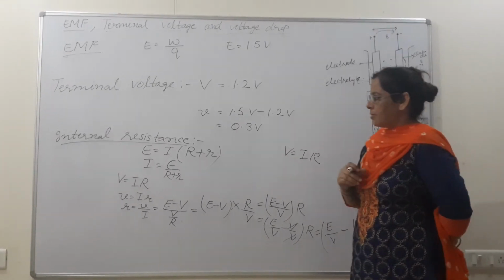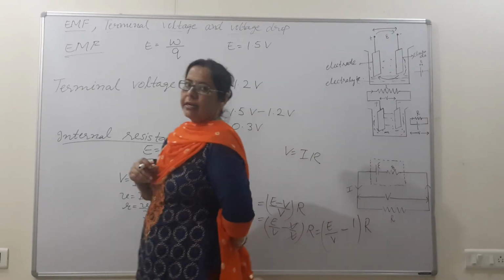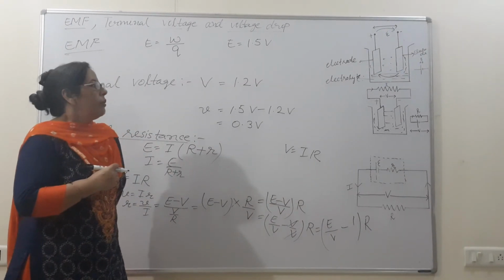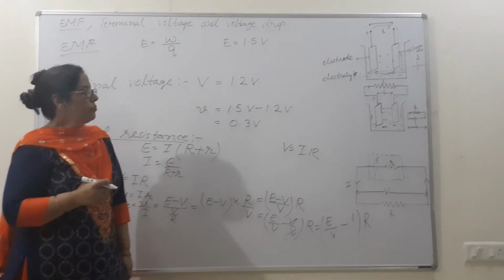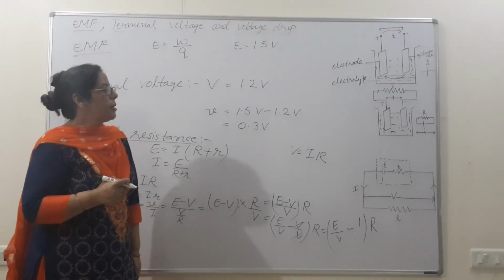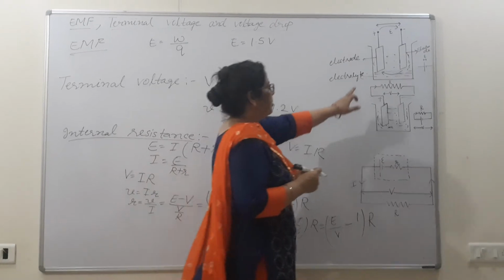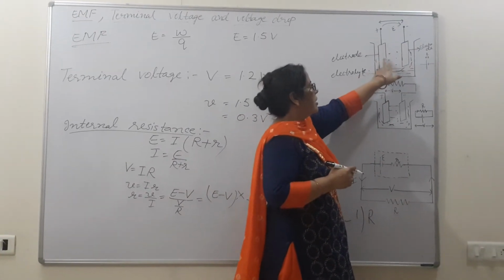Then after that, on which factors does the internal resistance depend? First factor is the distance between the electrodes.